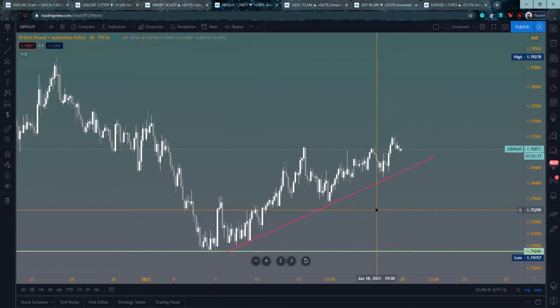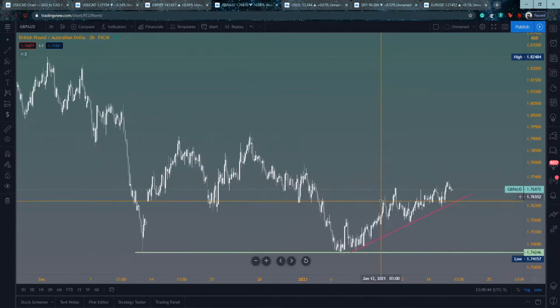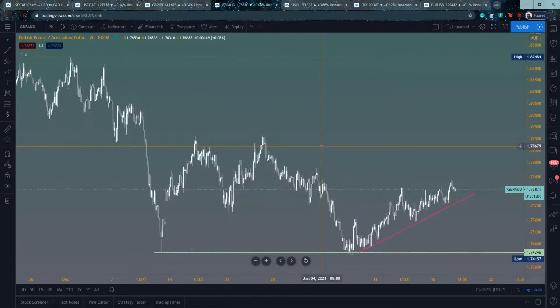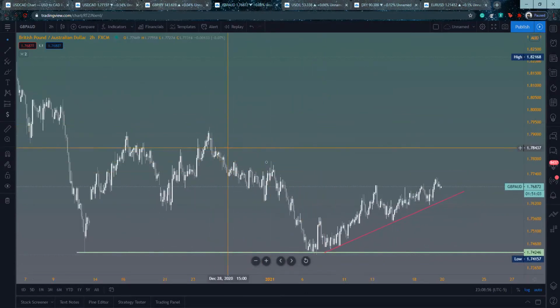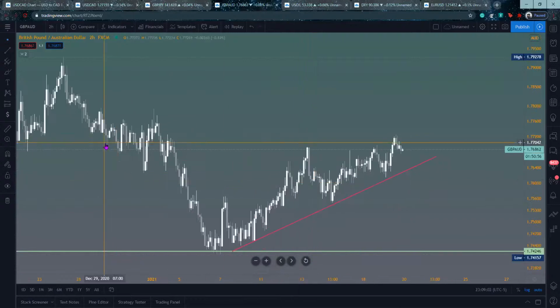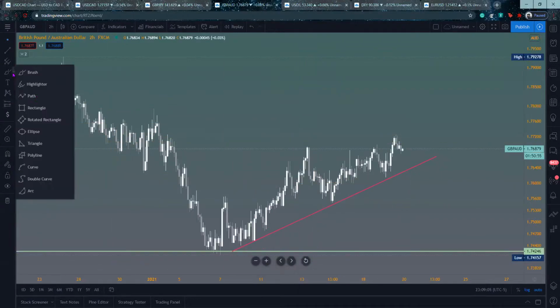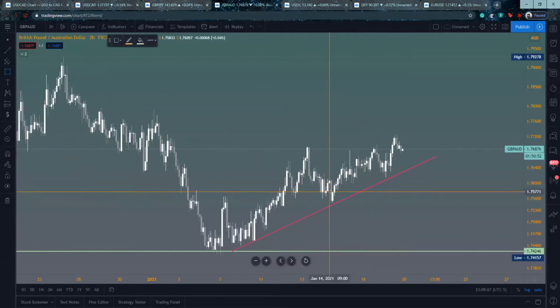And from here, we know that more than likely we're going to be heading up towards this area. I don't see it going past it, and maybe it will. But at that point, I shouldn't even be trading if I'm having doubts, because right here I don't see a point of interest. I don't see anything here. So what I'm going to be looking at is more than likely something around this area.